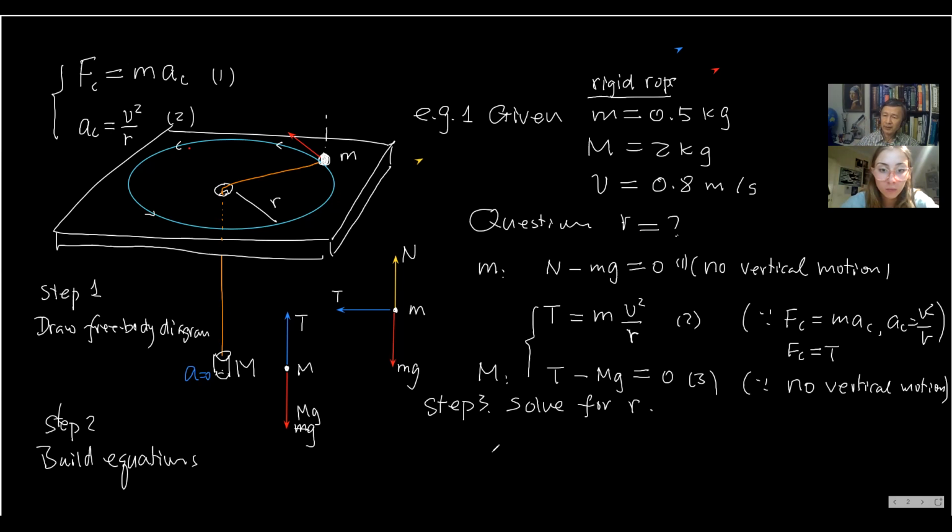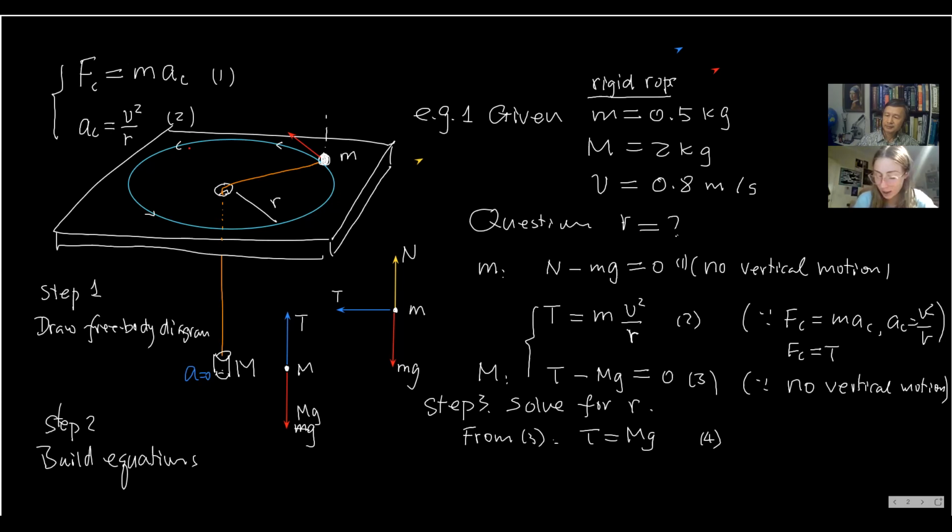Can we write what you're trying to do? So from equation 3, we have T equal to mg, right? So that's another equation. Can we call it equation 4? So what can you do next in order to find the radius?